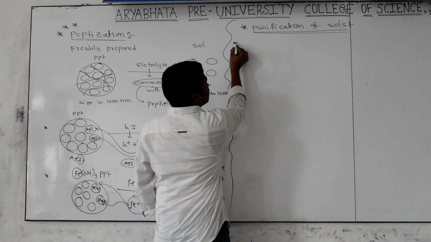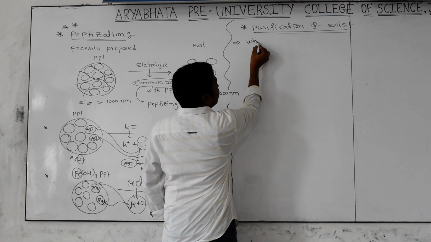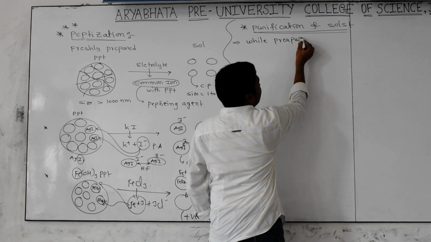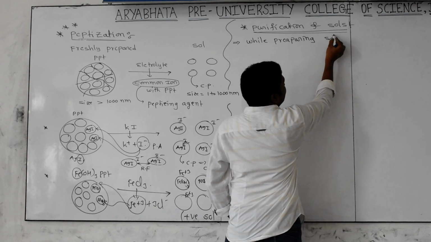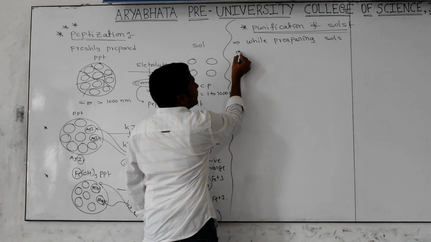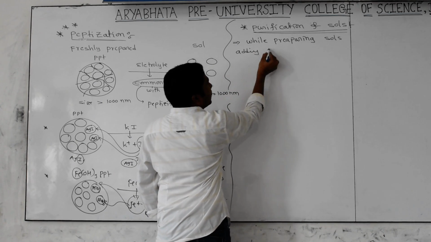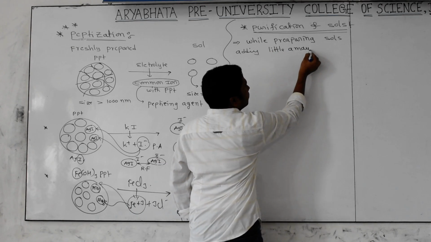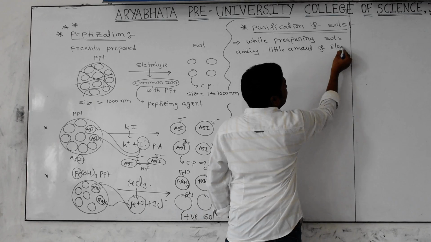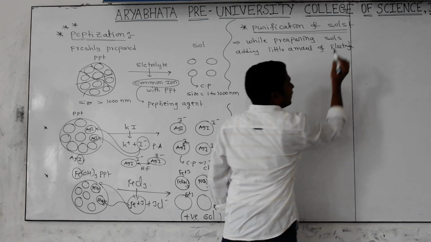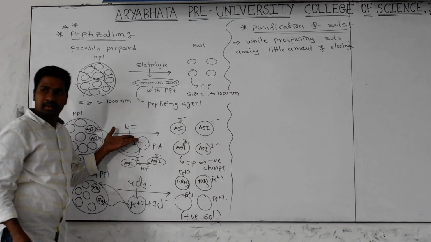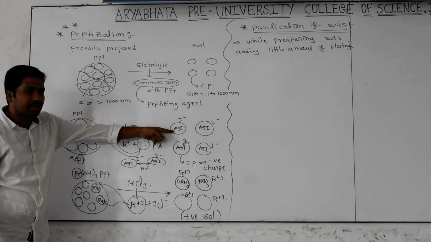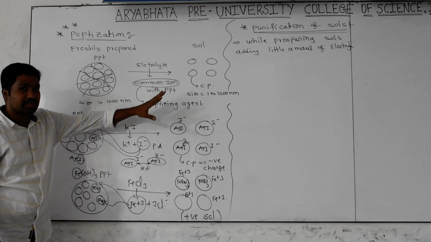I will write first some concept. While preparing sols, we are adding a little amount of electrolyte. After adding electrolyte, if sufficient is there, all colloidal particles become charged, and then it becomes stabilized.